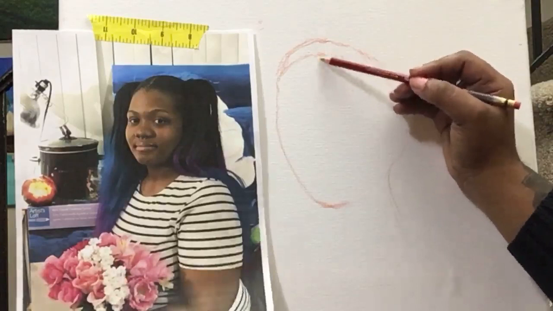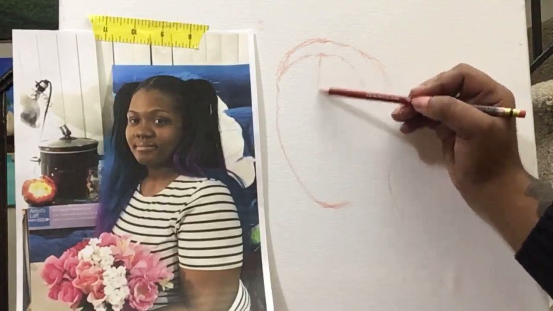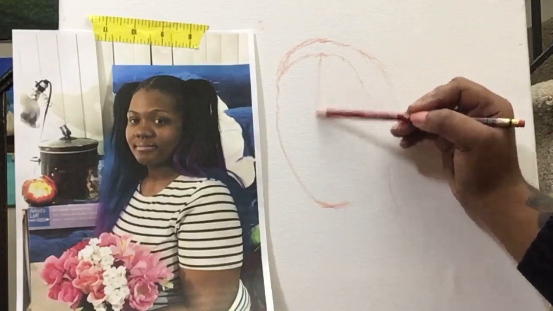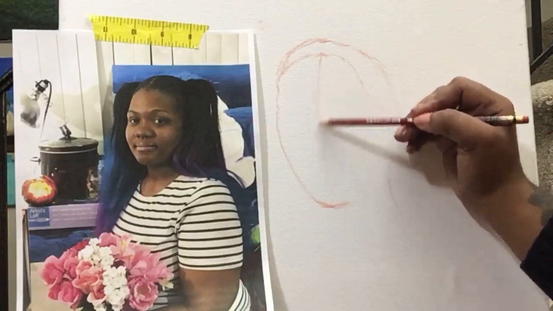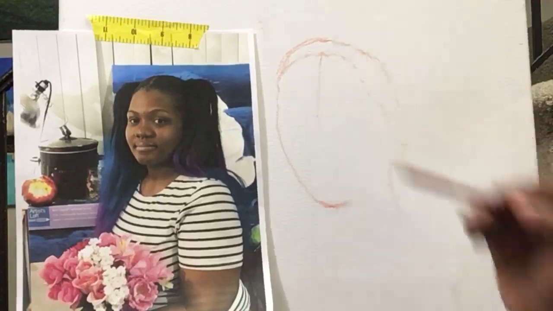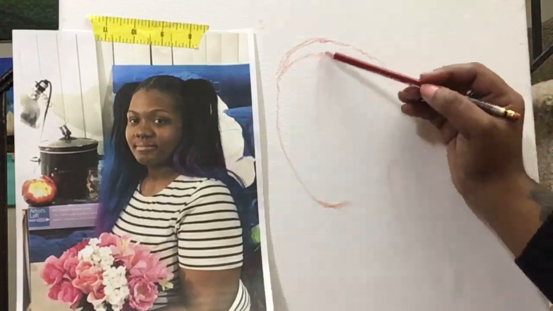I'm going to draw that line right down the middle of her hair, down to where the nose is. You're drawing that line to know, okay, this is my head tilt, this is how things are looking. Even though her head is not really tilted, she is looking to the side. She's almost at a side profile.